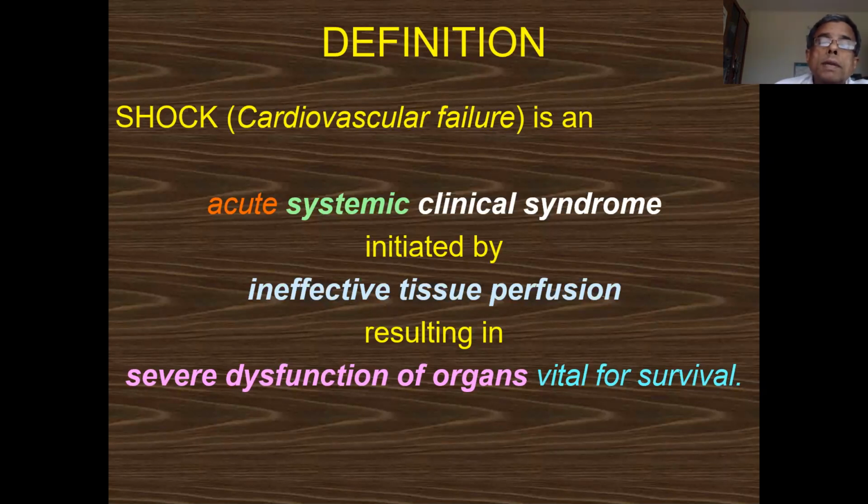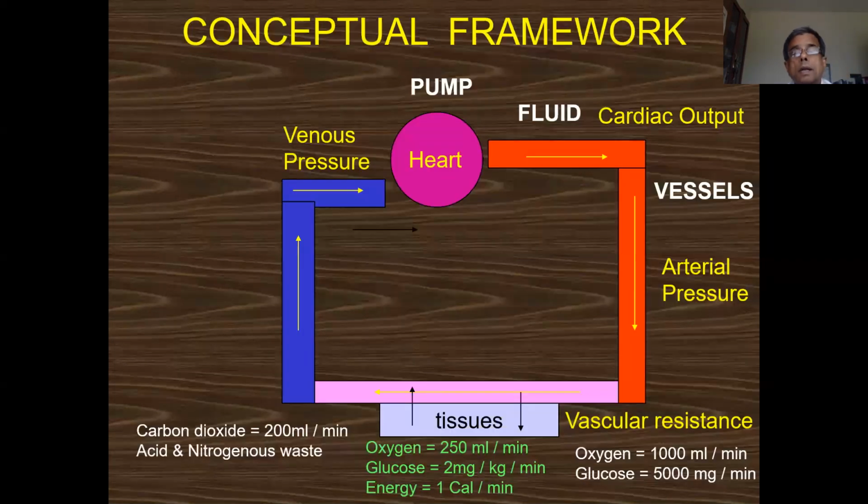It is an acute systemic clinical syndrome initiated by ineffective tissue perfusion, resulting in severe dysfunction of organs vital for survival. Now, if you look at a schematic diagram of the circulatory system, you have a pump which pumps fluid through blood vessels, carrying nutrients and oxygen to the tissues, and bringing back waste products and carbon dioxide.